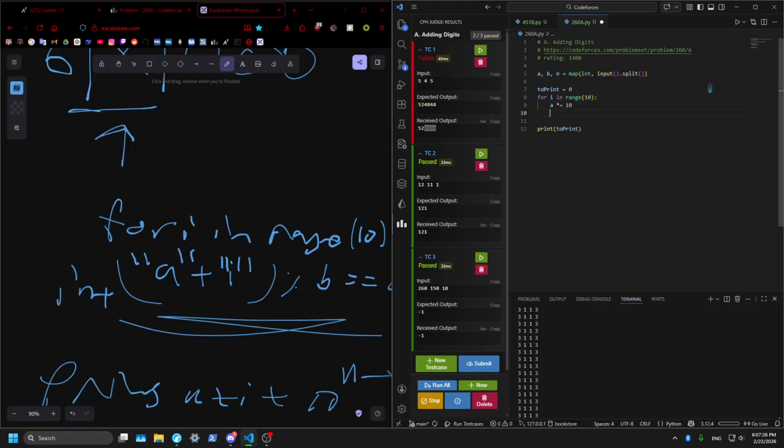A times equals 10, then if A plus i mod B equals 0, toPrint equals A plus i times 10 to the power of n minus 1.